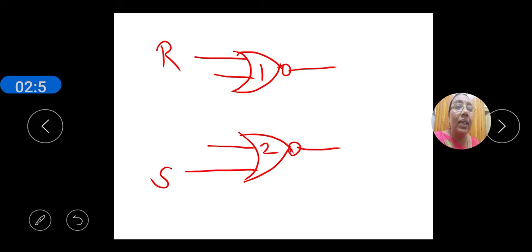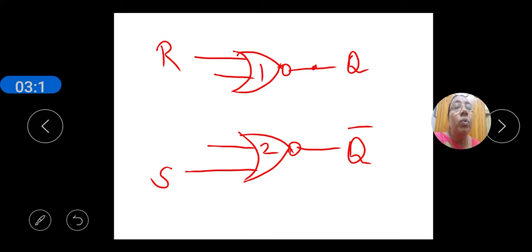At the end of the class, you have to tell me why these two inputs are represented as R and S. The output of the first NOR gate is Q, and the output of the second NOR gate is Q bar. You can see that the output of the second NOR gate is the complement of the output of the first NOR gate.